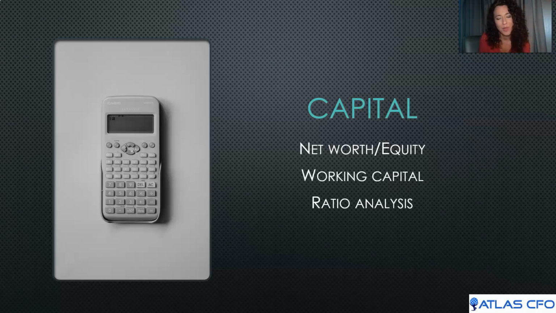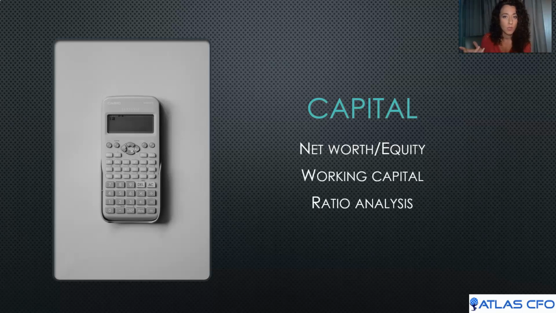Okay, capital. So whenever we're talking about capital, what does that mean? Well, it typically has to do with net worth or some sort of cash management or cash availability ratio. So net worth is a pretty obvious one. That's equity. And then working capital is usually the measure that they use for liquidity or to evaluate how much cash flexibility you have in your organization.